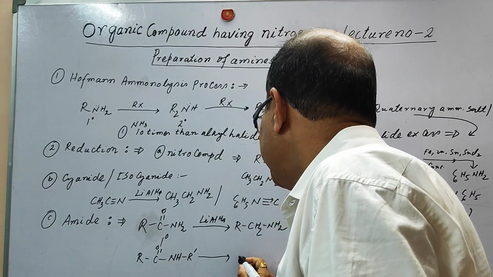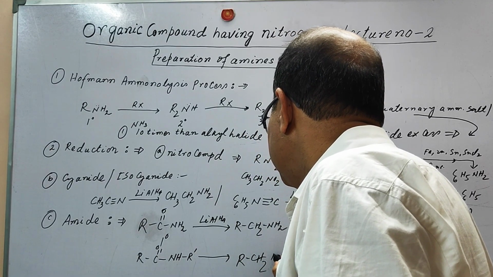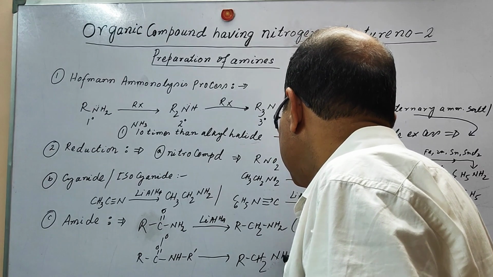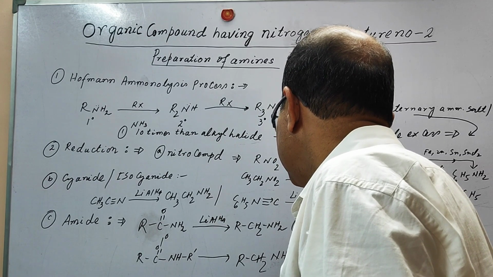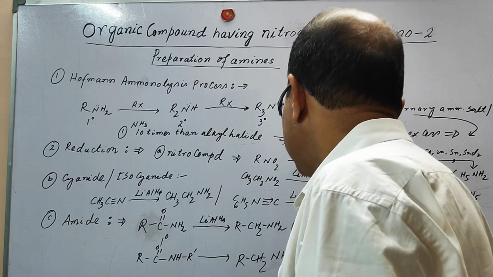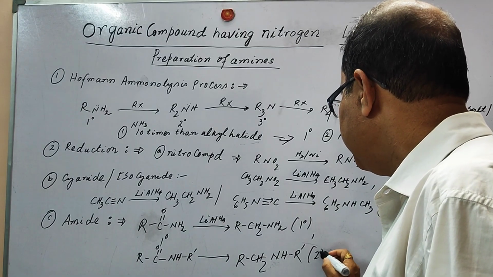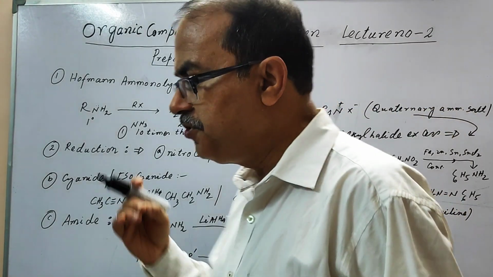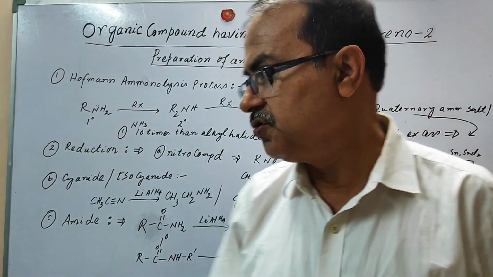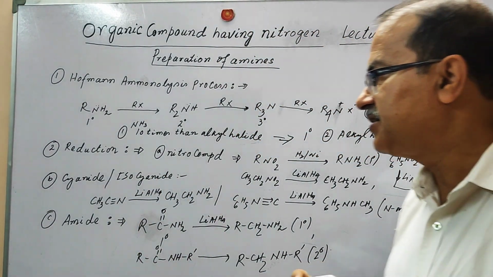Then it is going to produce the second degree amine. So if we change the amide, you also change the product. So this is the reduction process we are discussing.